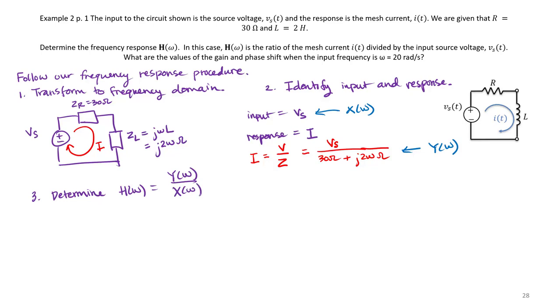So in this case, our frequency response is given by our output, which is Vs over 30 plus j2 omega, divided by Vs. That gives us our frequency response is just 1 divided by 30 plus j2 omega.